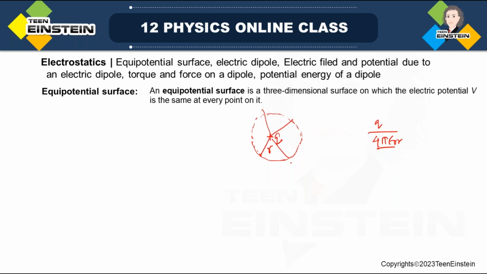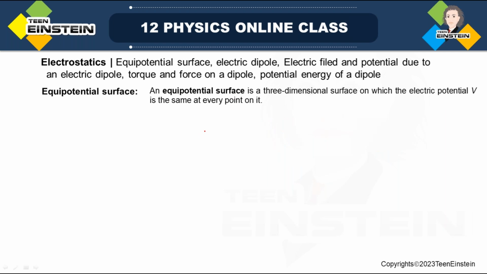This is a three-dimensional surface, as you can understand, a spherical surface, and at each point on this surface the electric potential is the same. That is what is called an equipotential surface. So an equipotential surface is a three-dimensional surface on which the electric potential V is the same at every point on it.